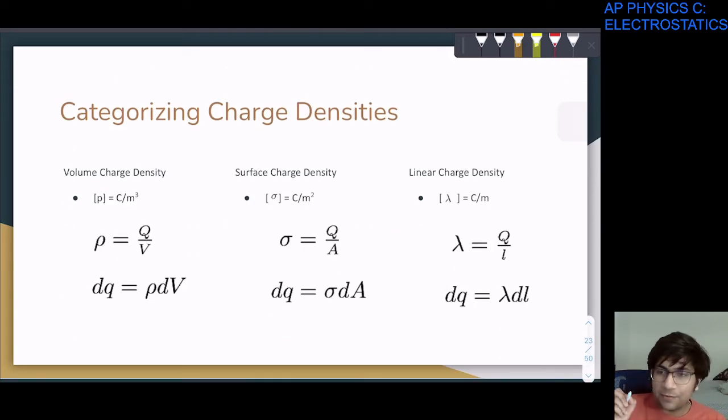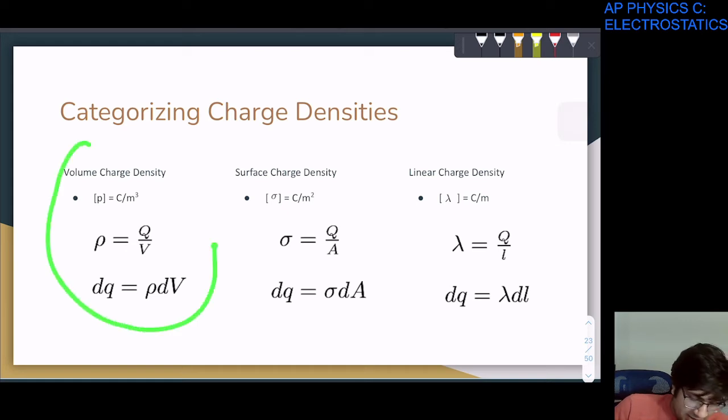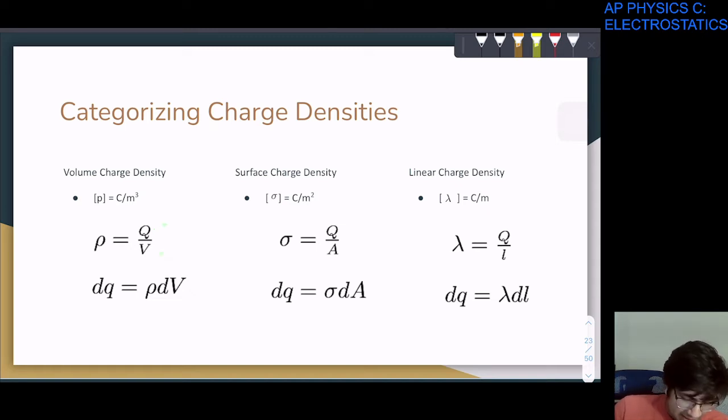The thing we're going to keep coming back to is densities. In the 3D case, we look at rho, which is equal to the charge per volume. The differential form says that a little bit of charge is equal to our charge density times a little bit of volume.